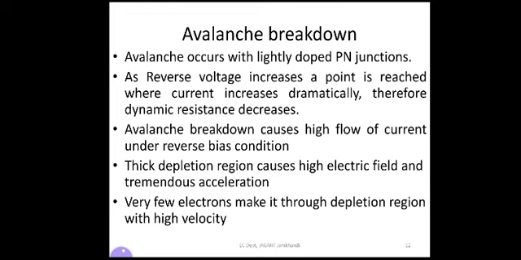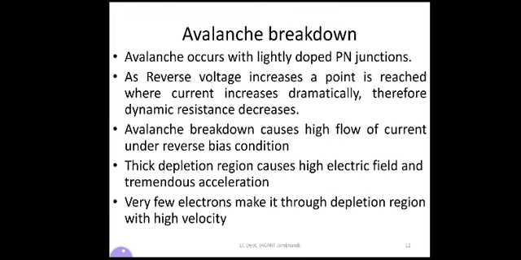In the avalanche breakdown, VBR is much higher than the VBR in a Zener diode. A Zener diode operates for lower voltages, whereas avalanche breakdown operates for higher voltages. If Zener breakdown does not take place, then it is sure that avalanche breakdown will take place at some higher voltage.